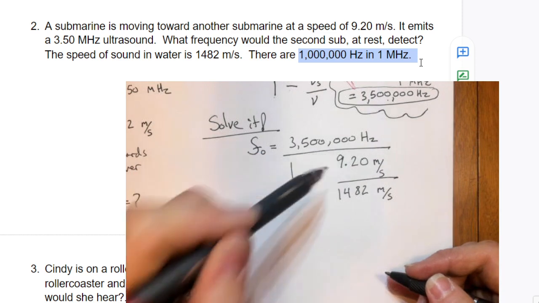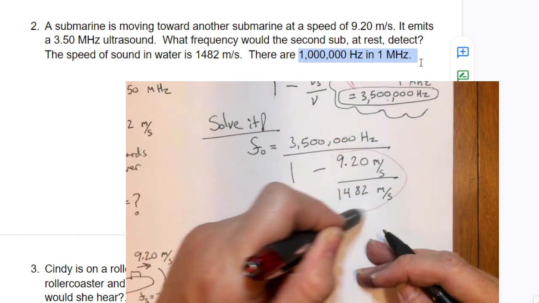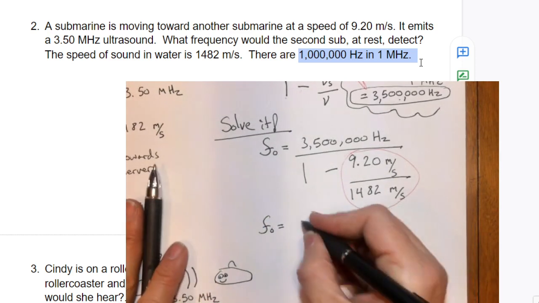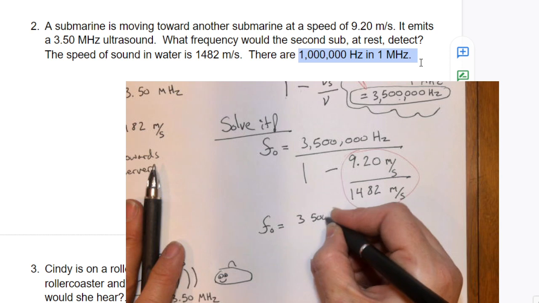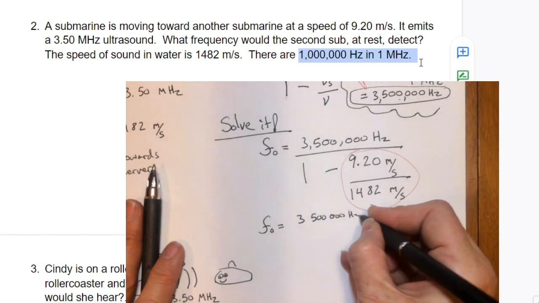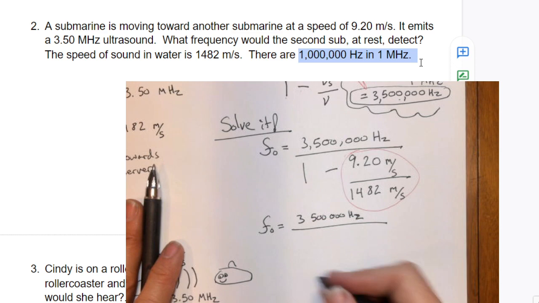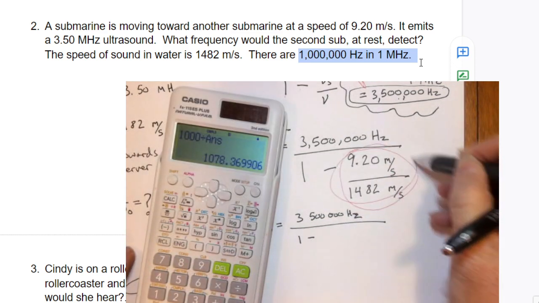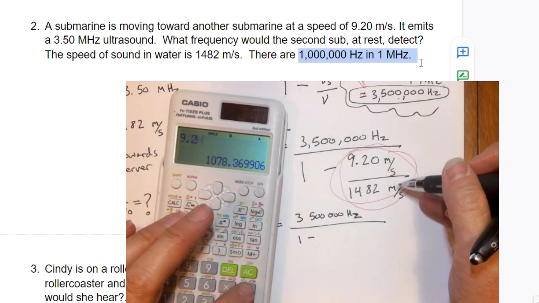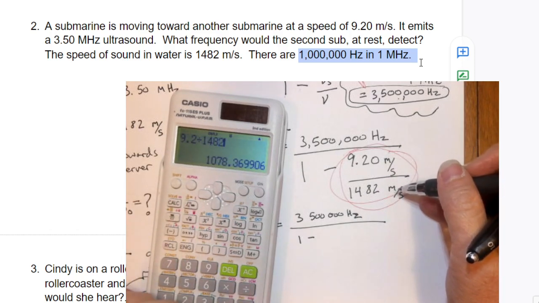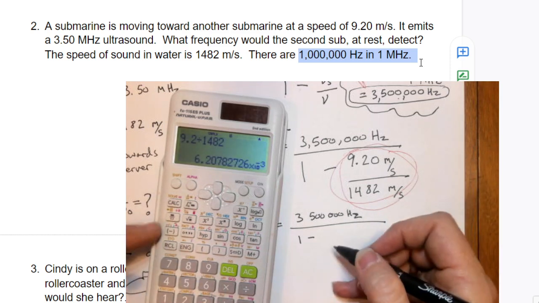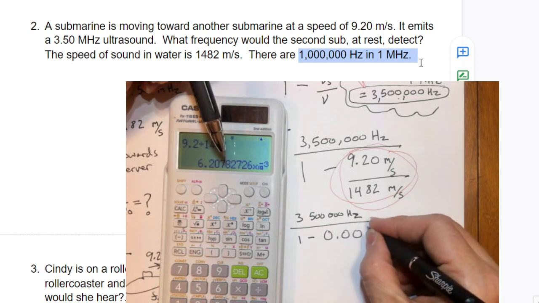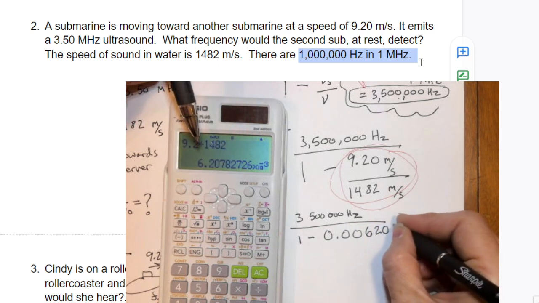First, do this division. Let me use my calculator: 9.2 divided by 1,482 is a very small number, 0.0062078.